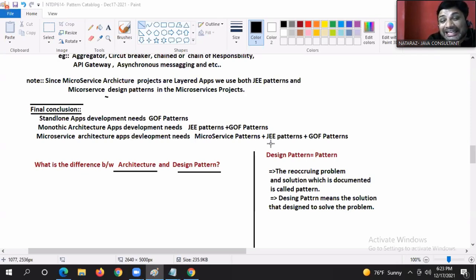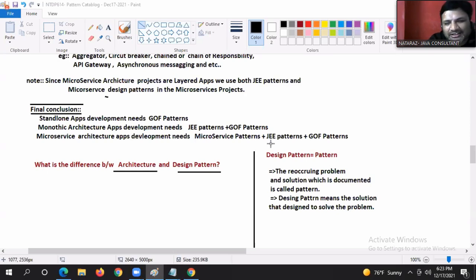In each layer, while writing the code, there will be recurring problems. To solve each recurring problem, design patterns will be used. Inside the architecture, there will be a lot of places having recurring problems while writing the code. To solve each recurring problem, one design pattern comes into the picture.